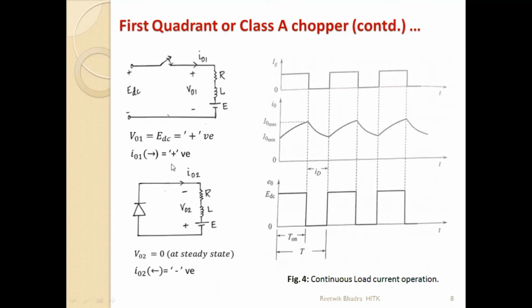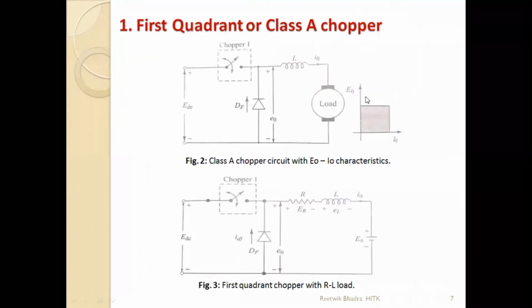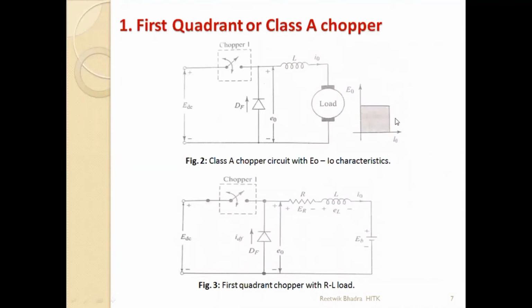I01 and I02 are both flowing in the same direction, so both are positive, and their average will be positive. So I am getting V0 positive and I0 positive. Can I represent it in the first quadrant? E0 positive, I0 positive. This is the quadrant of operation.